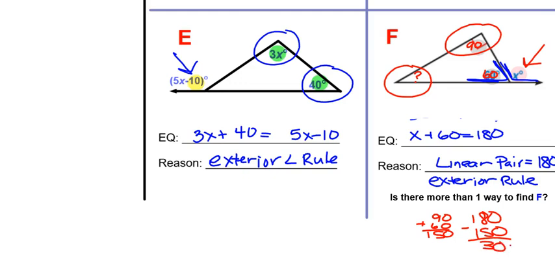So this angle right here is 30 degrees. If I use the exterior rule, I actually have 30 plus 90 equals x. So there are two ways to do that problem. Double check your work, see what you were thinking, and make any adjustments that you need to. Now you can jump into your homework, try some of those examples, and we will see you tomorrow in class.